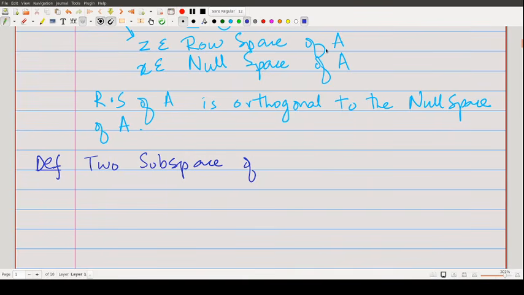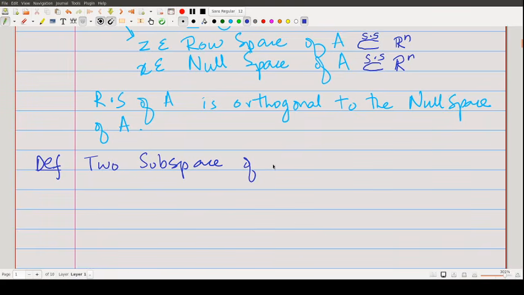Notice that the row space of A belongs to R^n, and the null space of A also belongs to R^n. Actually, every vector here belongs to R^n, and if you recall, these are subspaces. The row space is a subspace of R^n, and the null space is also a subspace of R^n.